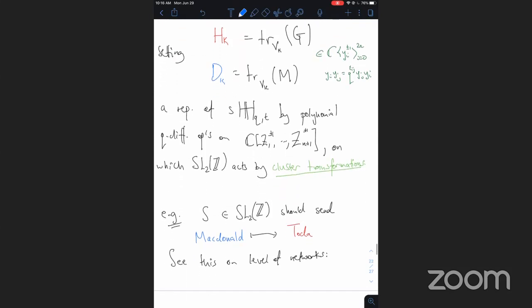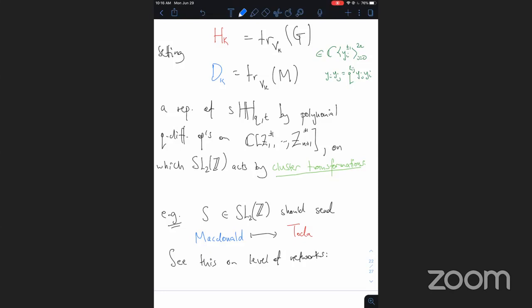So let's think about GL3. What might this S transformation from the modular group look like? Remember, the S transformation is supposed to send the Macdonald operators to the Toda operators. It sends the Ys, generators of DAHA, to the Xs.